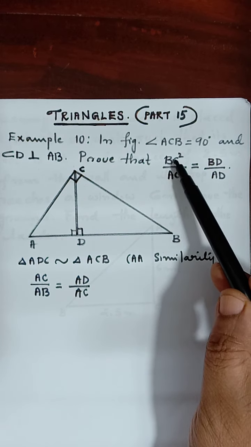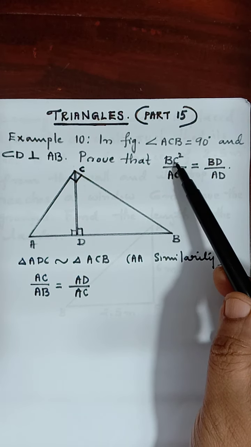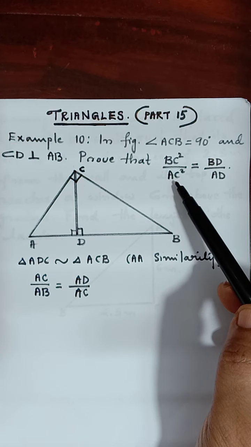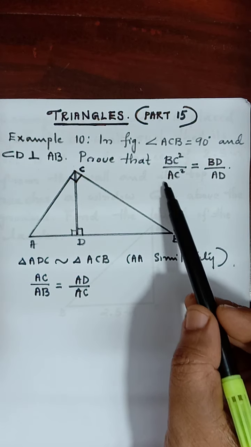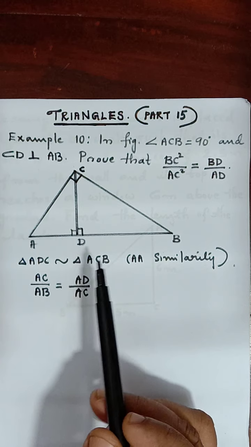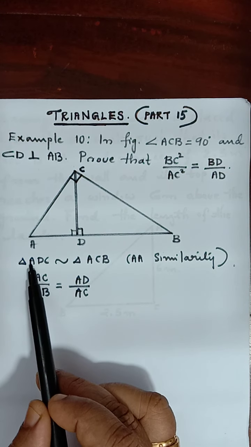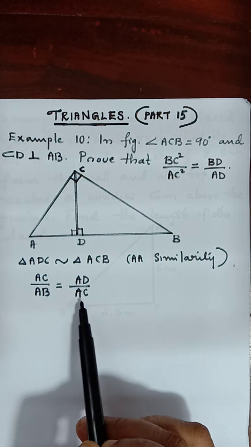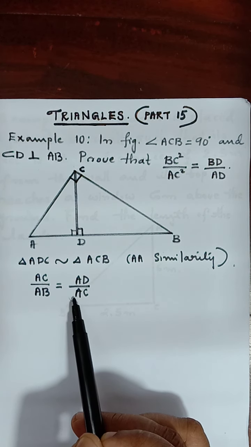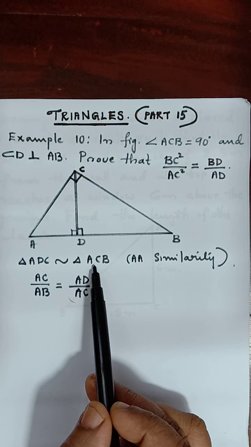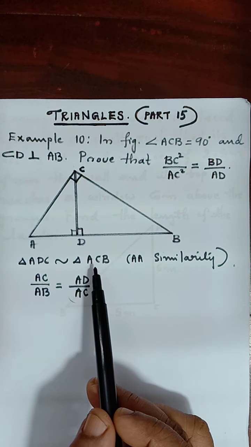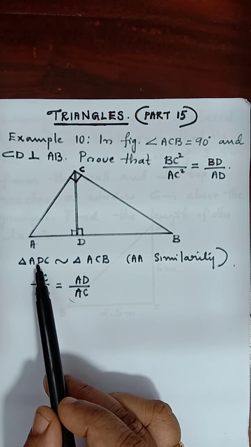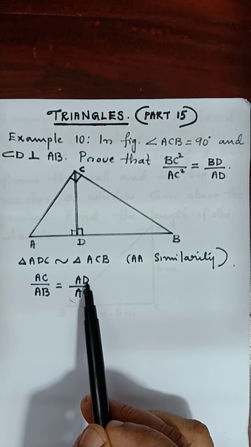Now we have to get any one of these. Before getting this, you have to check the chance of getting AC square, for which first I have taken AC by AB. To get AC square, in the denominator it should be AC, that is from the right side, first and second letter. Similarly first and second letter of the first one, that is AD.